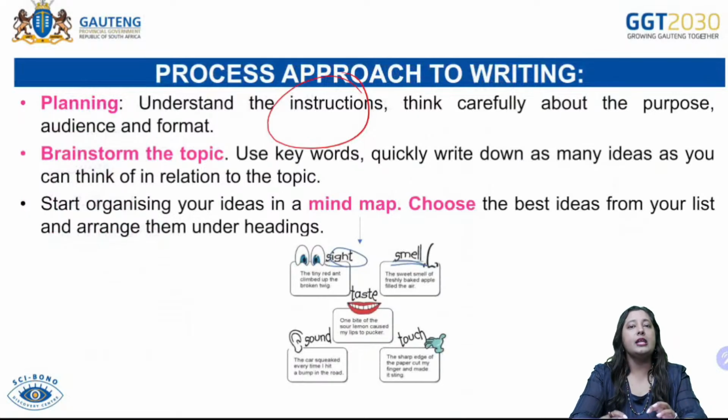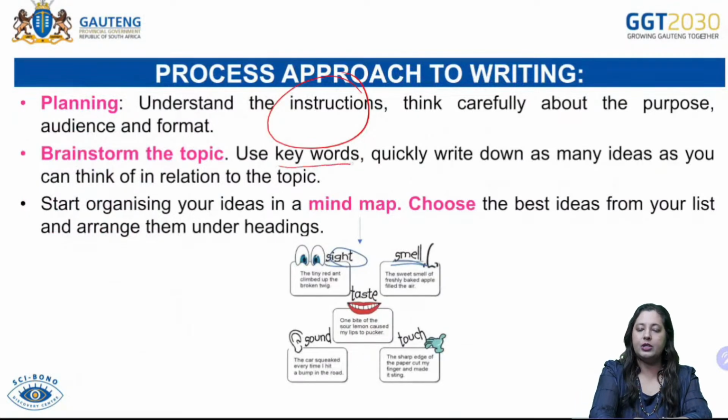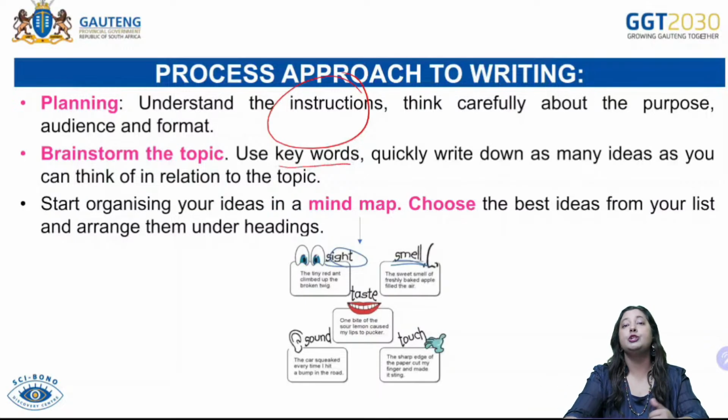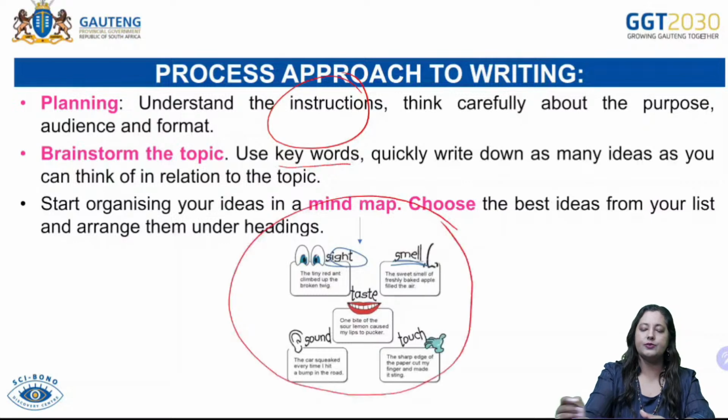Then you've got the brainstorming of the topic. Here we're looking at your use of keywords. You quickly write down maybe as many ideas as possible that you can think of on that particular topic, and then from there you start to organize those ideas on a mind map. Now, a mind map can look like this, for example.